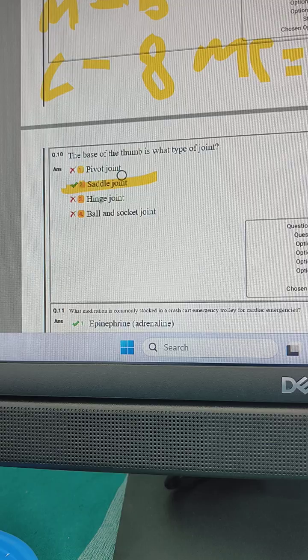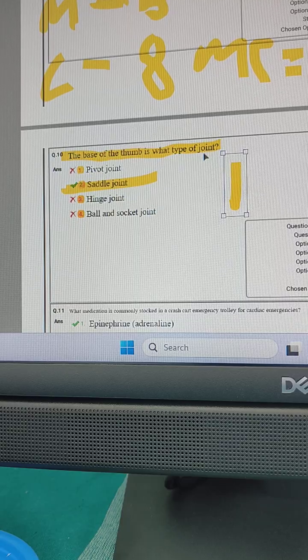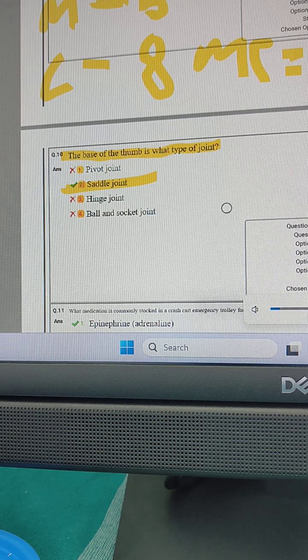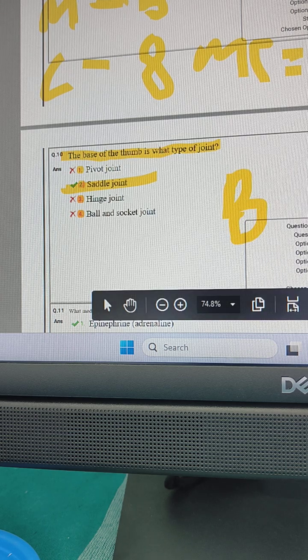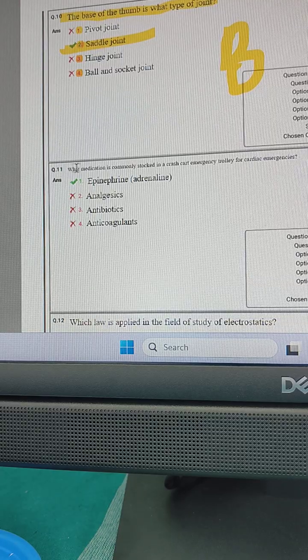You're asking about the base of the thumb, so it is a saddle joint, B. Question number 10's correct answer is B. Then question number 11.